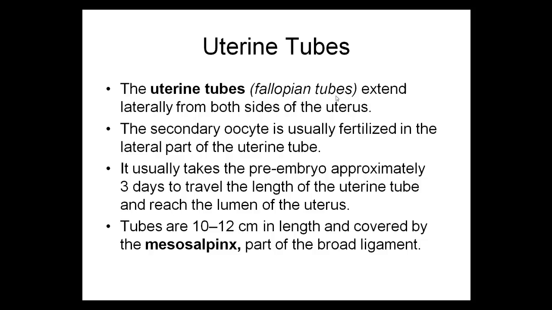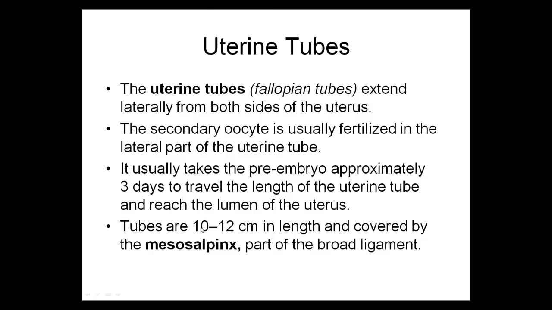And these will be extending laterally from both sides of the uterus. The secondary oocyte is generally fertilized here once after ovulation. When it's ovulated, it's going to be picked up by the endings of the uterine tubes. These are called the fimbriae, and the ovulation will take place here at the uterine tube.